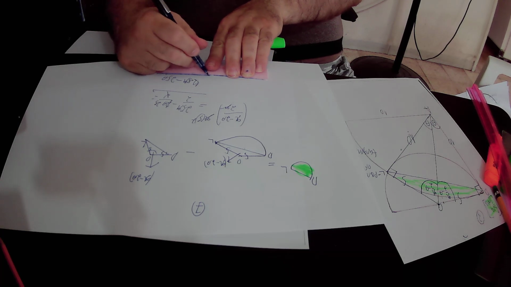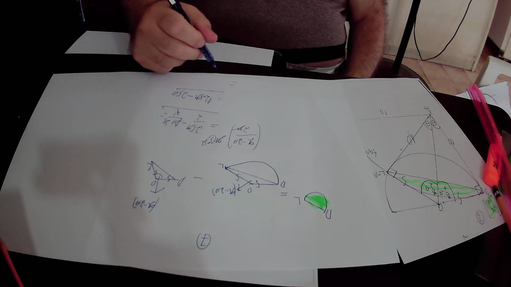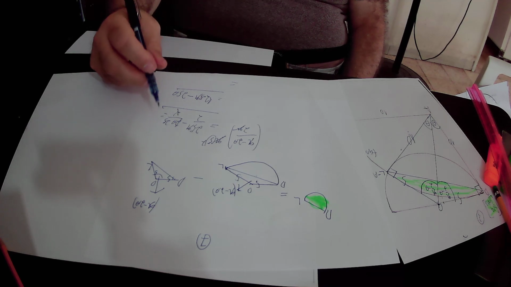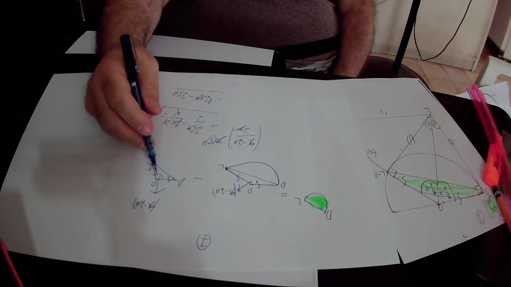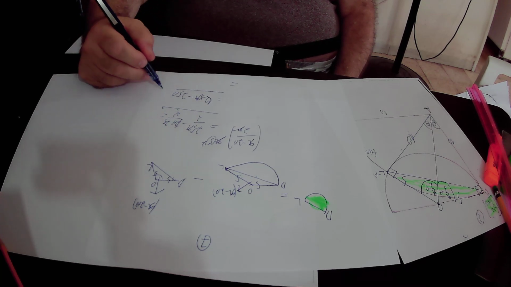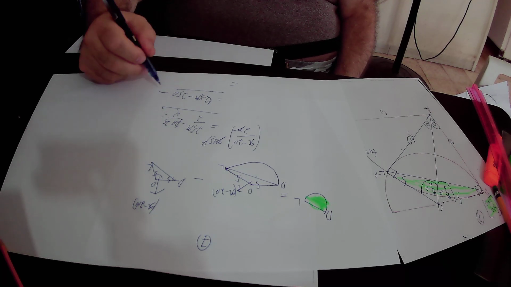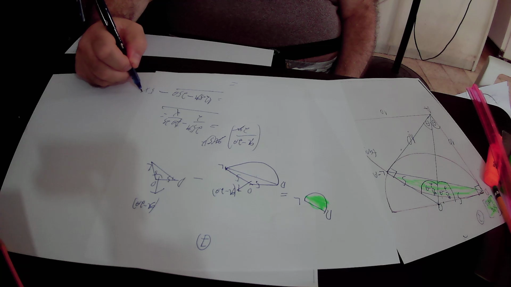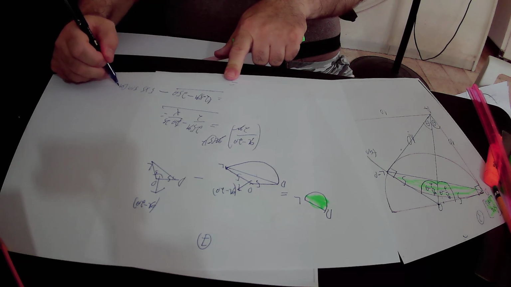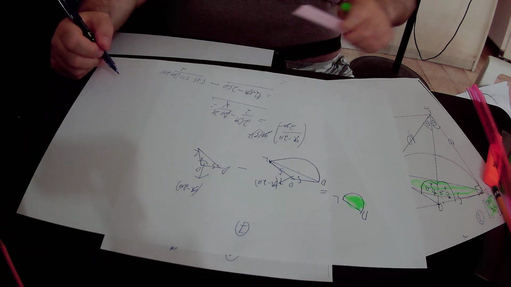But we have already found out that theta equals tangent minus 1 of 0.5, and we have to subtract from it also the area of triangle DOL. So it is minus the area of triangle DOL, it is 5 times 5 times sine of pi minus 2 theta over 2. Okay.